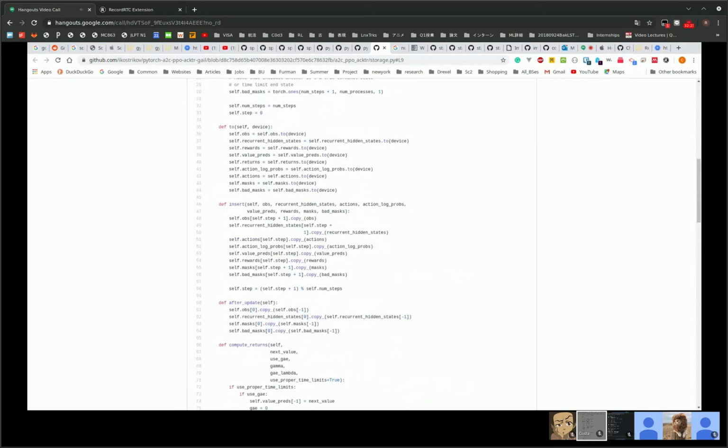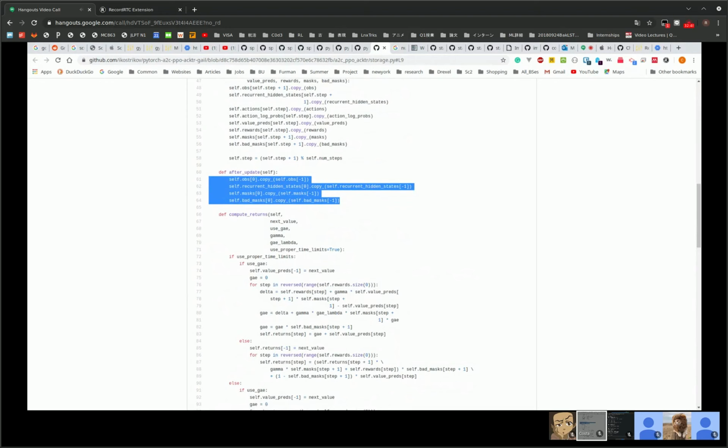What they do is run the algorithm for 5 steps, put it into the rollouts, which is sort of their storage engine, and then compute the returns. They update the agent based on the rollouts, and then they call after update, which essentially brings the last observation into the first observation, and also sets up some other things.